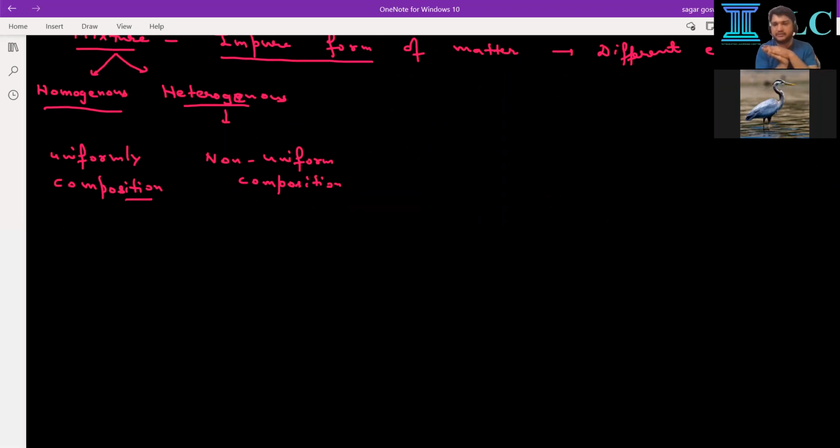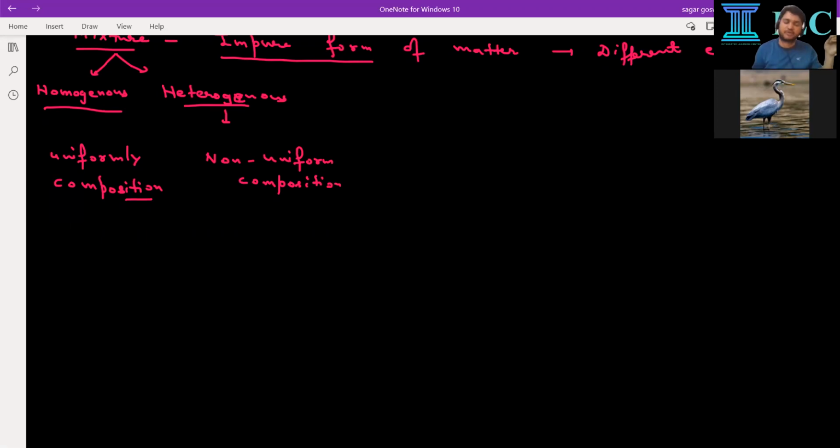In a compound, when they combine, they become a new substance, so they will have new properties. They don't have the previous properties. But in a mixture, whatever you have put, they will show all types of properties, because their constituents are made up of so many things. They will show the properties of all these elements, because no new compound is going to form in a mixture.